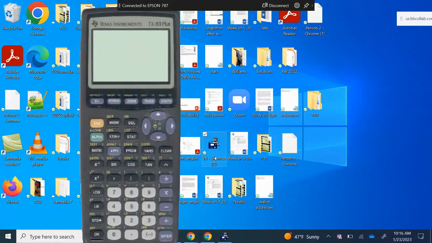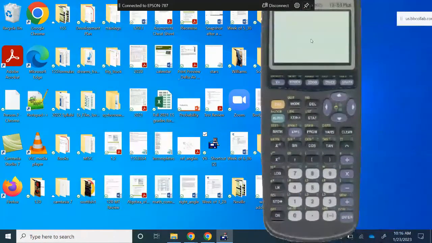All right, so first off, using the calculator, I'm going to turn this on. And I am going to go into stat, and we're going to put this data into the list. All right, so I hit stat and I want to hit edit.